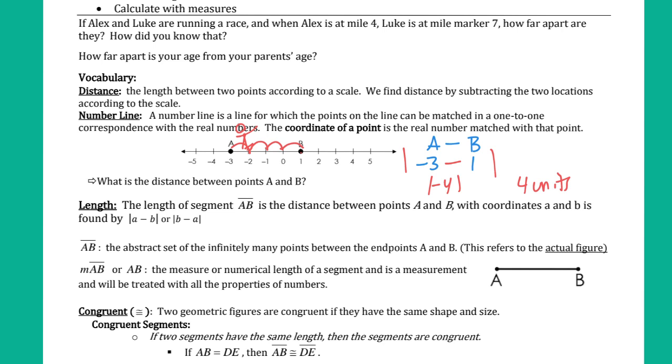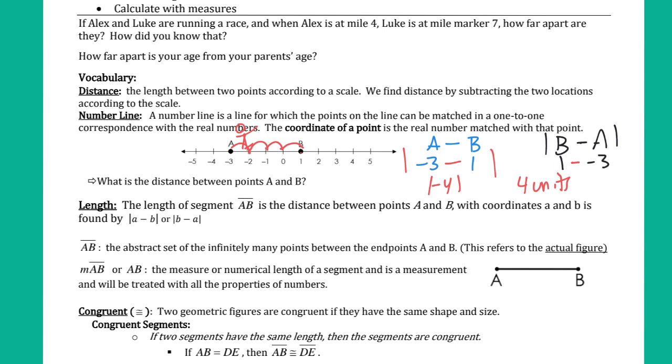You could also take it in the other order, because when you're finding the distance between things, if you took B and A and then put a subtraction between them and then took their absolute value, you're going to get the exact same answer. So B is 1, A is -3, and then what do we have to put between them? A subtraction sign.